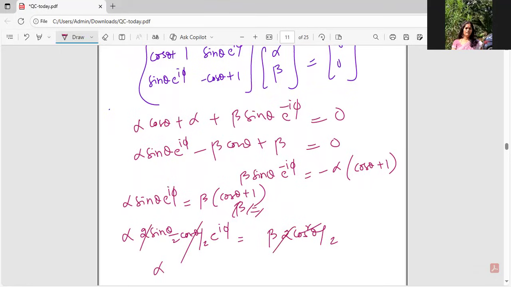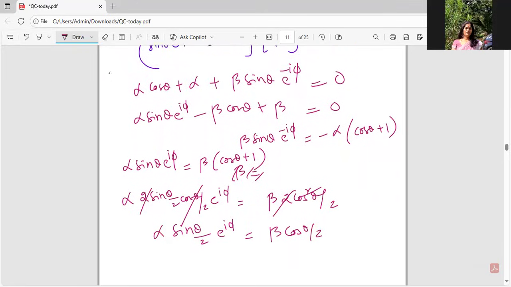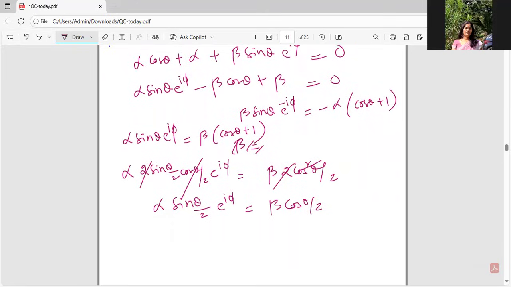What I'll be left with is 2 sine theta by 2 e power i phi is equal to beta cos theta by 2. Now simple, again for the equality to exist, I can take e power i phi this side or leave it like that. Now what I'll be getting is beta should be equal to sine theta by 2 e power i phi. Alpha should be equal to cos theta by 2.